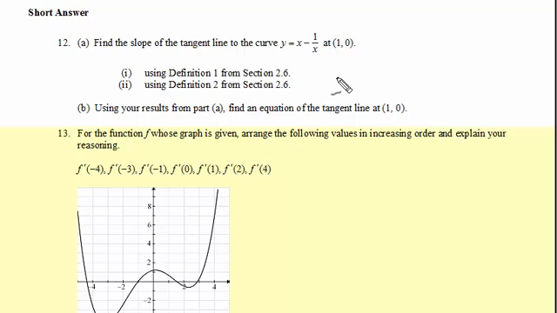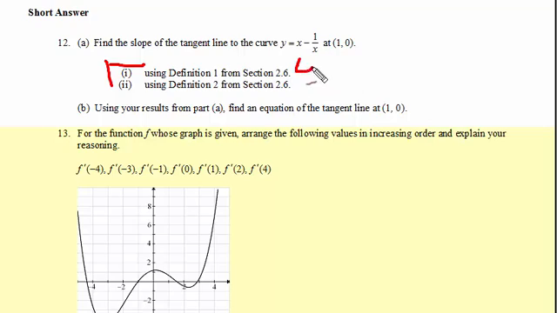And the other one is the limit as h approaches 0, or delta x approaches 0, of f of a plus h minus f of a over h. You can use either definition for part 1 and part 2, and you would just plug this in. Let's just do it with the first one.